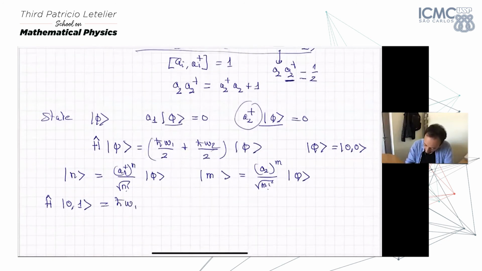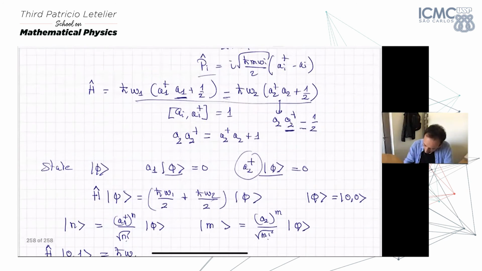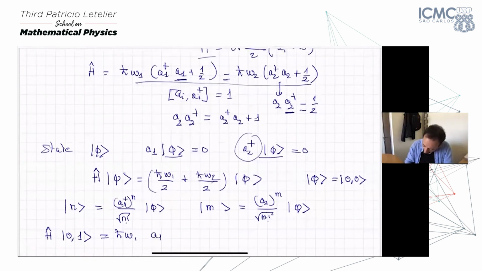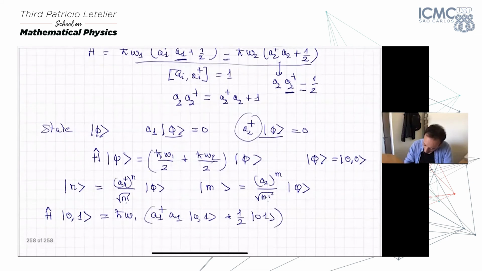H bar omega 1, A1 DAG A1, 0, 1, plus 1/2, 0, 1, and minus H bar omega 2, A2 DAG A2, 0, 1, plus 1/2, 0, 1.